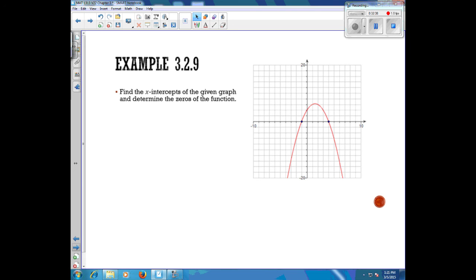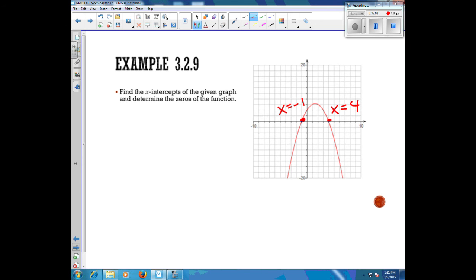Well, let's just say we have this picture and we want to find the x-intercepts of the graph and determine the zeros of the function. We don't have to know what the function is. Let's just look for where this thing crosses the x-axis. Well, here it crosses at x equals negative 1. And then it also crosses at x equals positive 4.